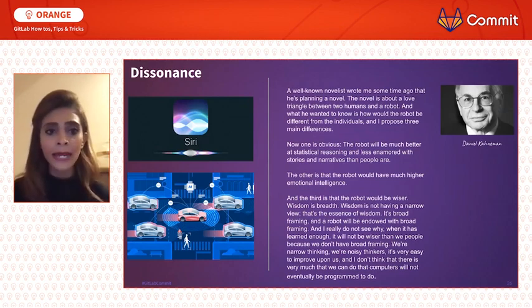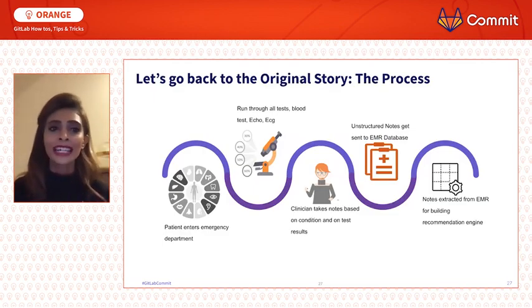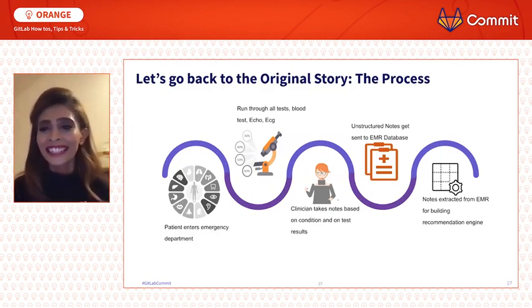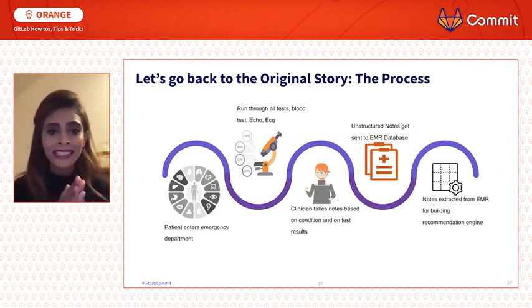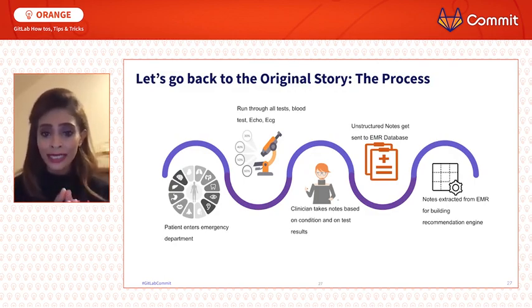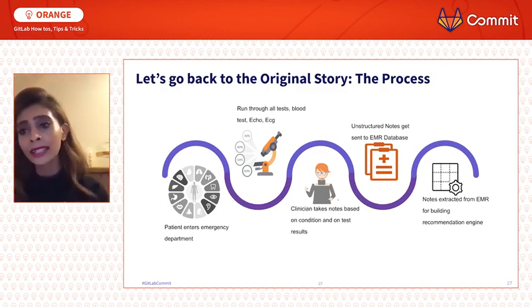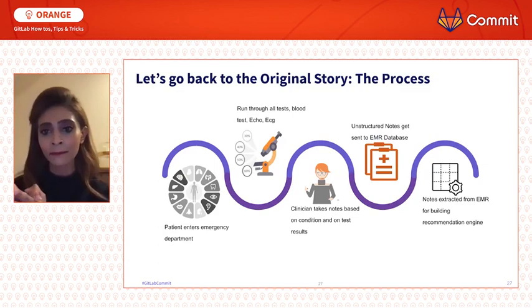There is some sort of dissonance to actually use those sorts of applications. Now, when we think about it, we go back to that original process that we saw with the clinicians and predicting the high-risk heart patients. The way the process works now is the patient enters the department, runs the test, the clinician takes notes, data gets sent into the database, the notes get extracted, and the high-risk heart patient is predicted.